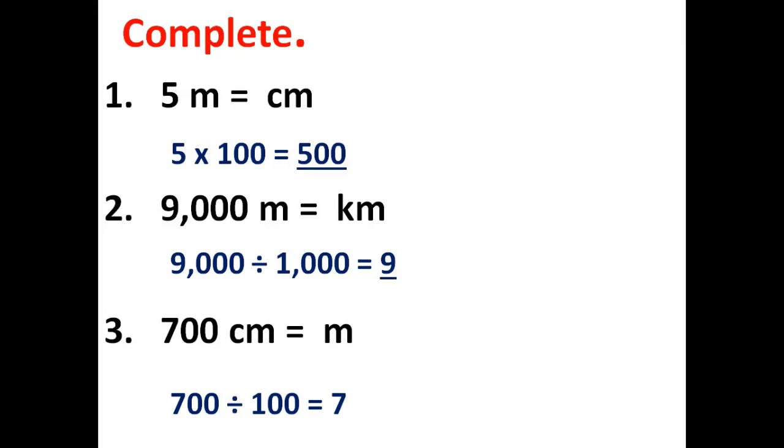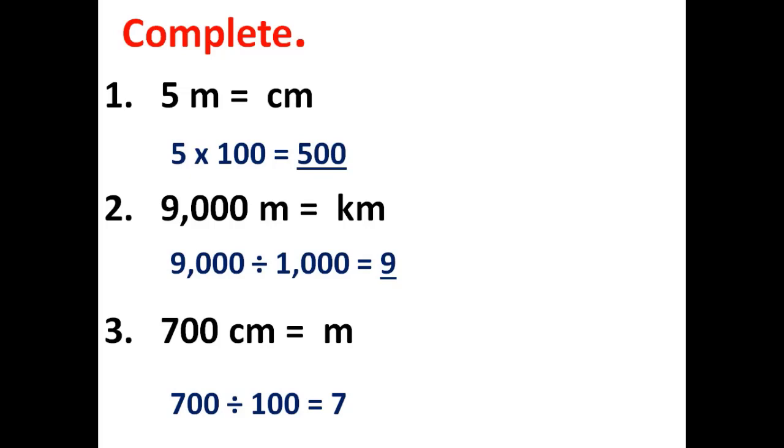In number 2, 9,000 meter, we have to change it in kilometer. When we are changing meter to kilometer, we have to divide by 1000. We will divide 9,000 meter by 1000.